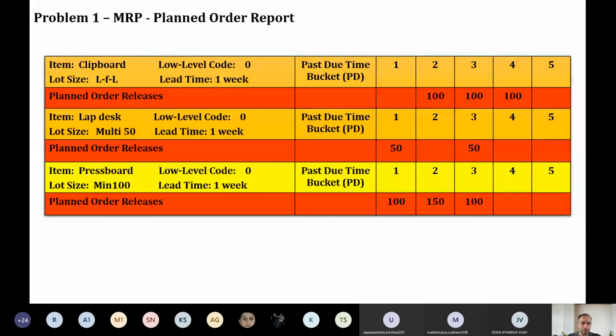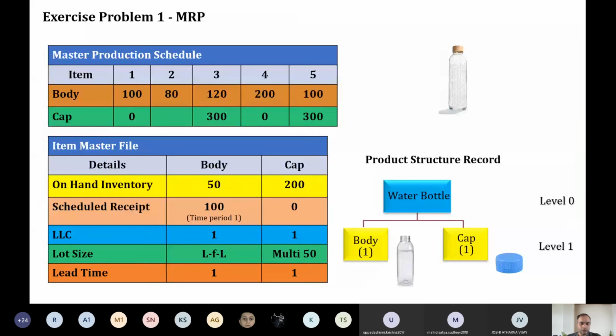Make a summary of your assignment problem and submit it. Show the MRP matrix for the body, show the MRP matrix for the cap, and give me the consolidated report. So you are going to write two matrices, and then the final report. I hope you got it.